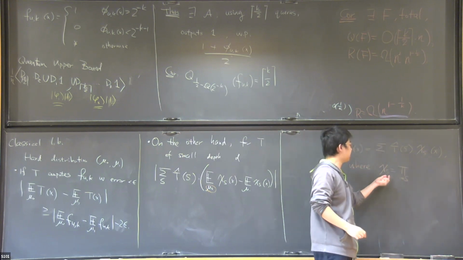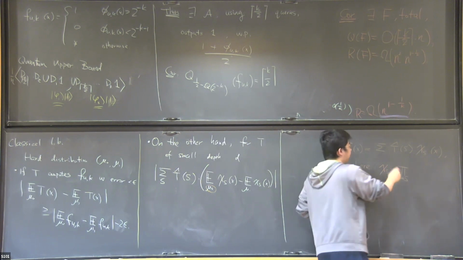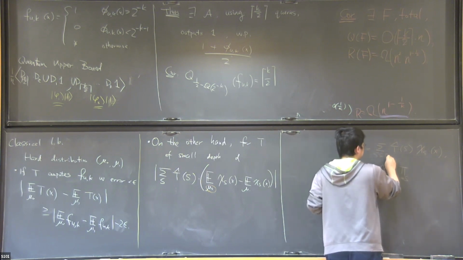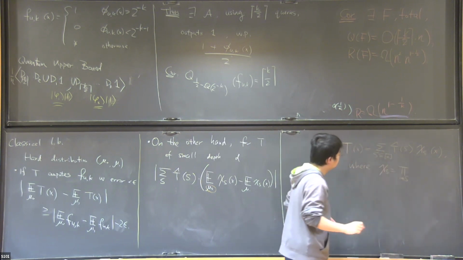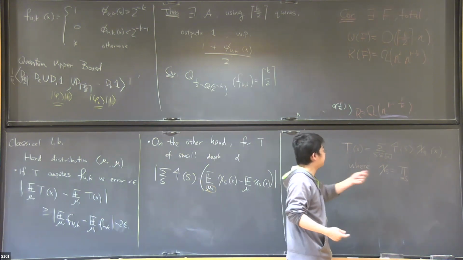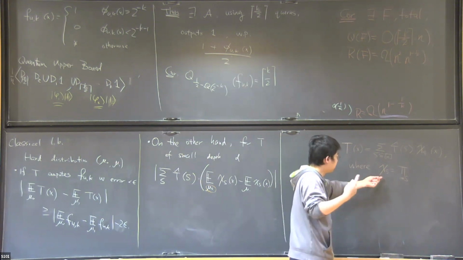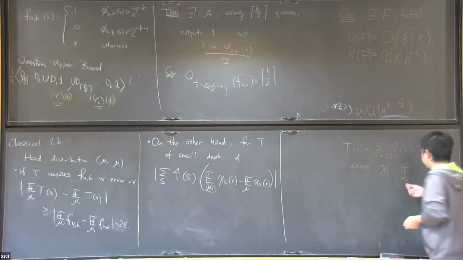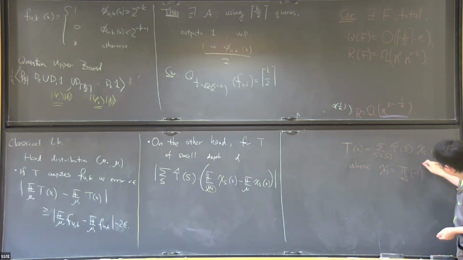It's defined with respect to a set S from the index set, and the character of S is just the product of -1 raised to the input in this set.